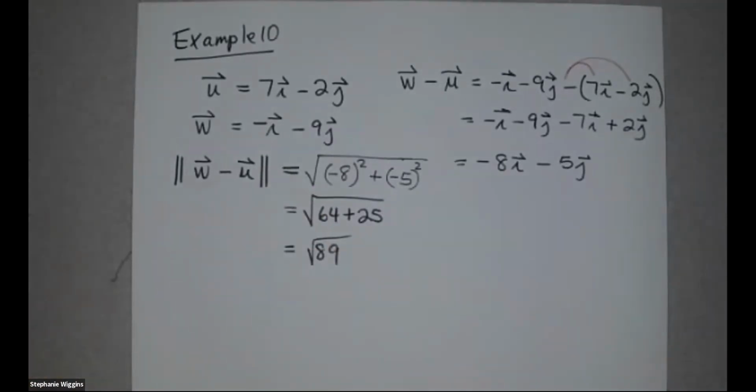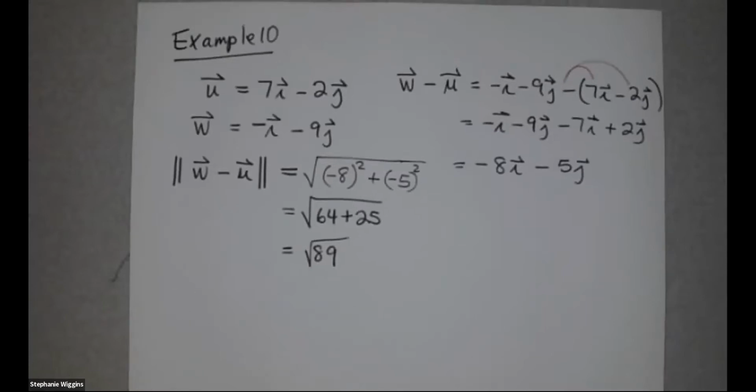And so that is the magnitude. So none of this is really anything new except for maybe the i and the j part, but really you're doing the same old stuff. You're using the distance formula to calculate the length, etc. And it's pretty simple.